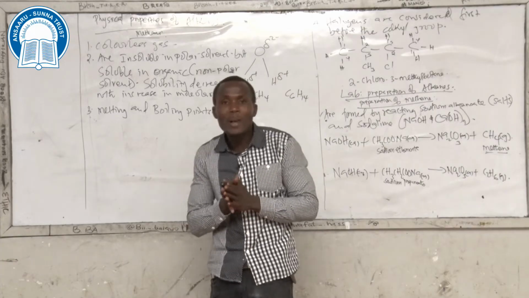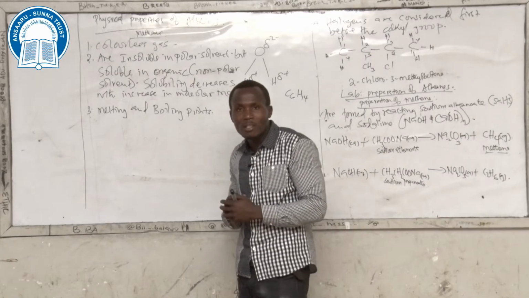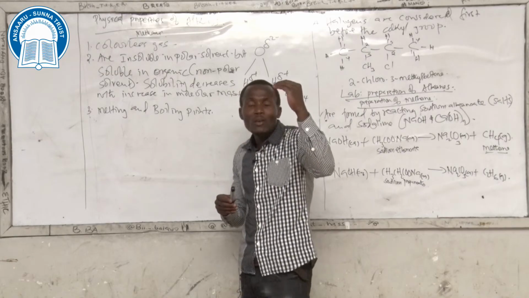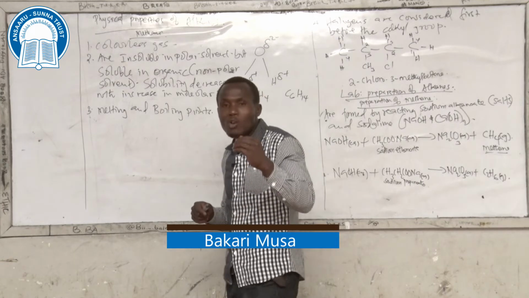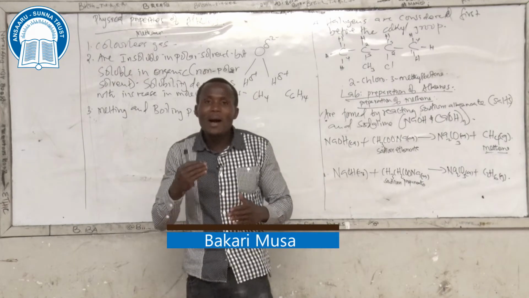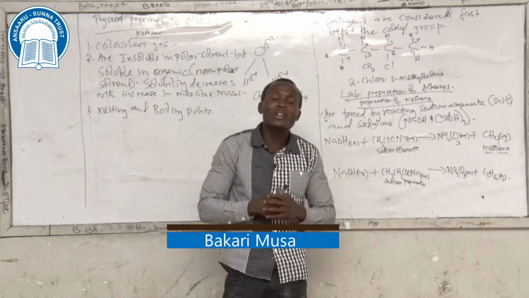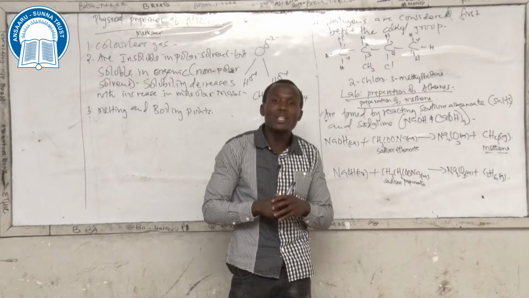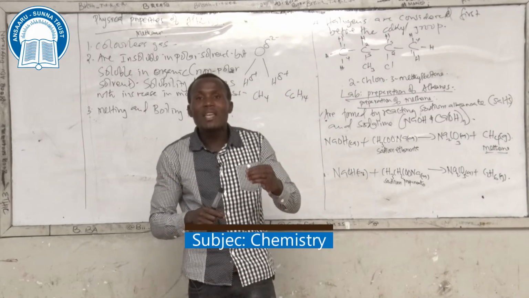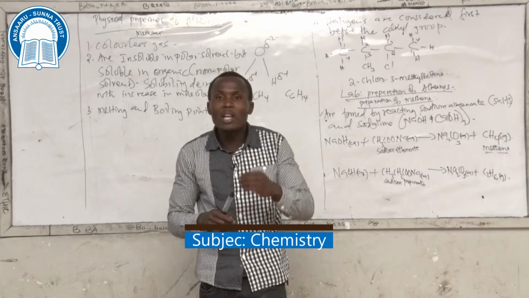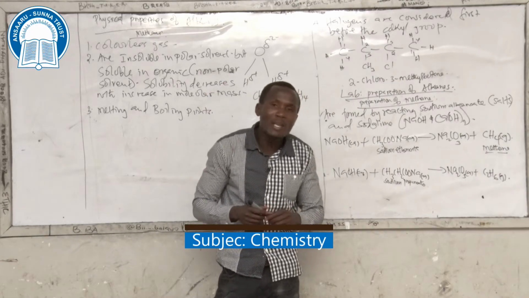But the intermolecular forces of attraction are also determined by the molecular mass. As the molecular mass increases in alkanes, the strength of the intermolecular forces of attraction also increases. Therefore, this results in an increase in melting and boiling points.